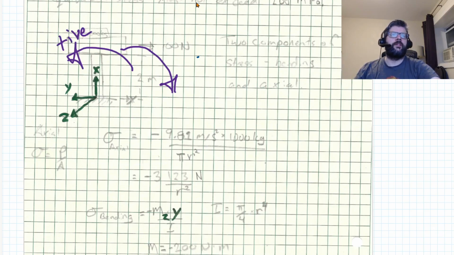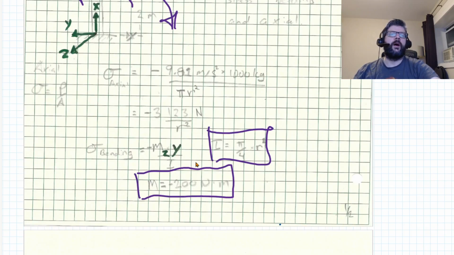The magnitude is 100 newtons times 2 meters, which is negative 200 newton meters. Our I there is just a function of r.